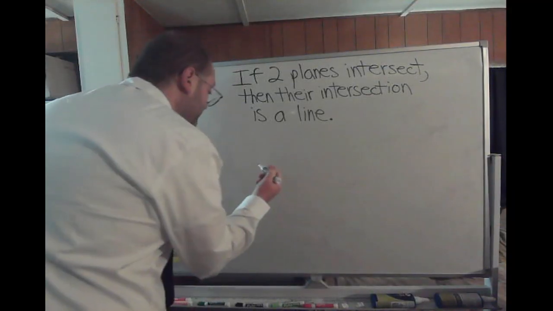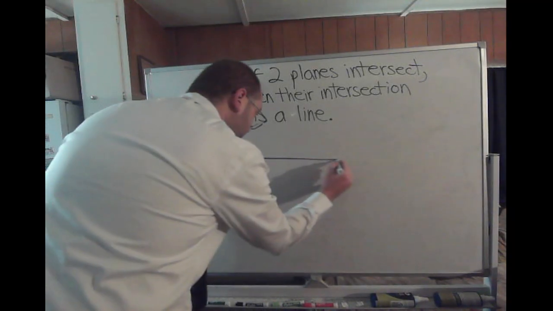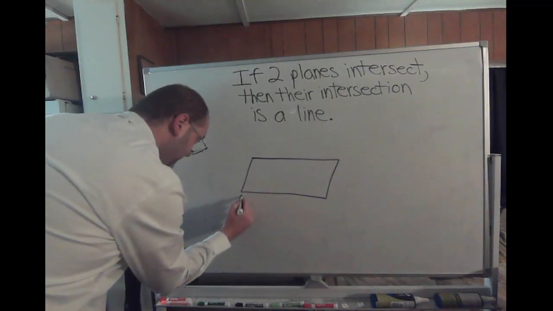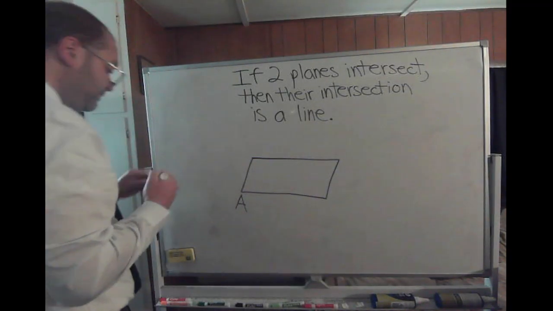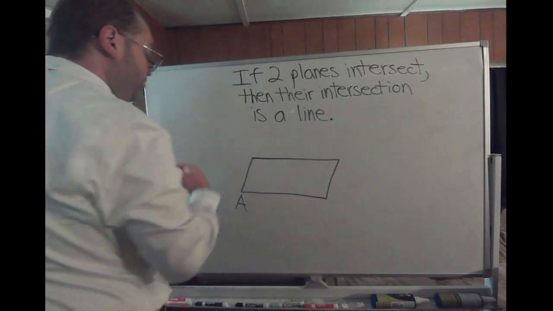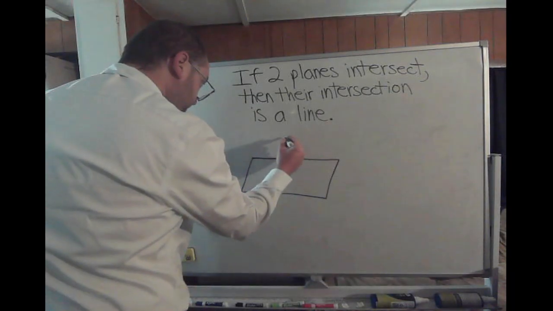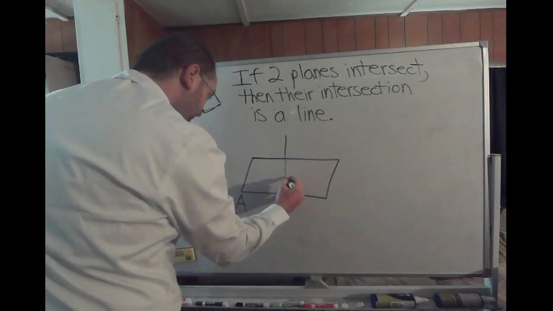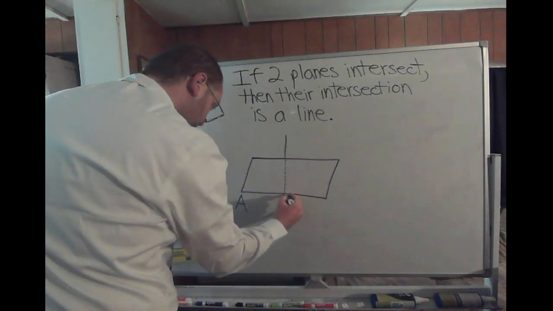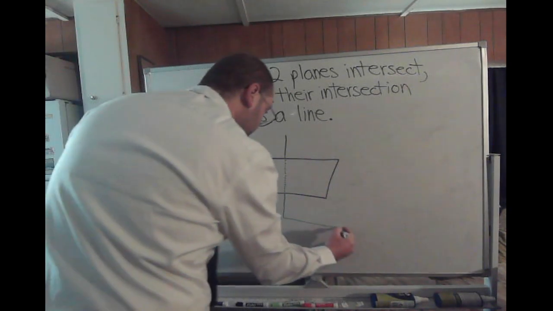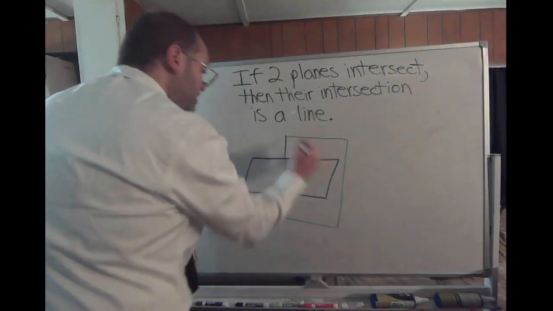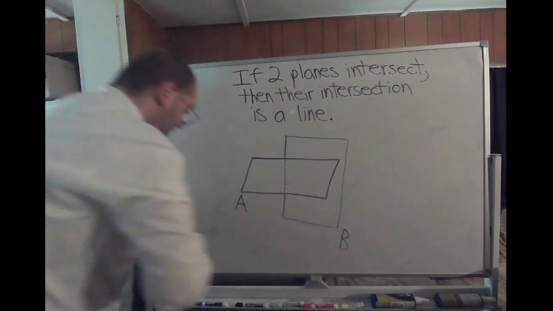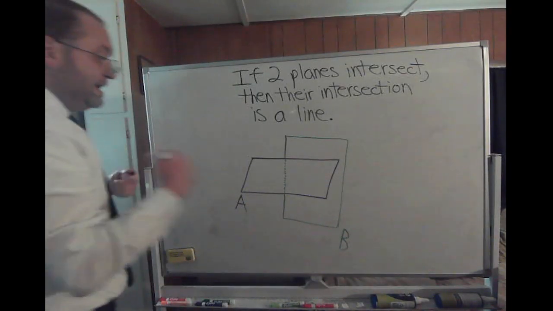So let's demonstrate that here. Let me draw this one here. We'll call this plane A. Let's draw another one here. We'll call this plane B. And let's plot some points, just so we can name the line here.